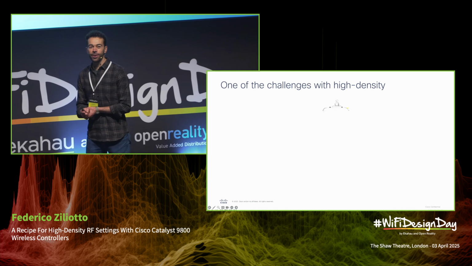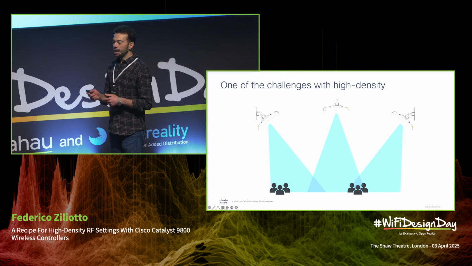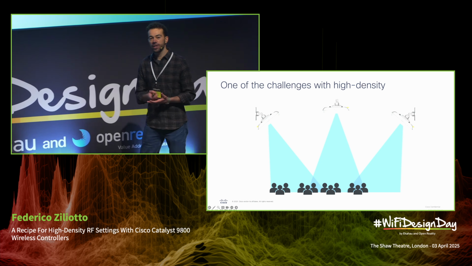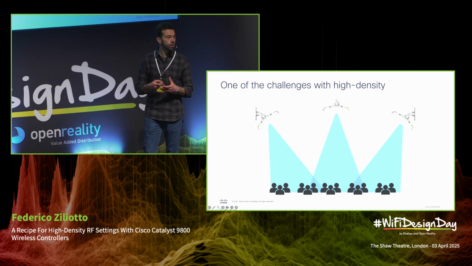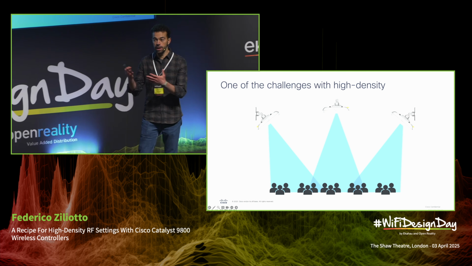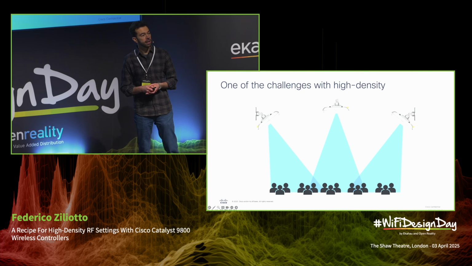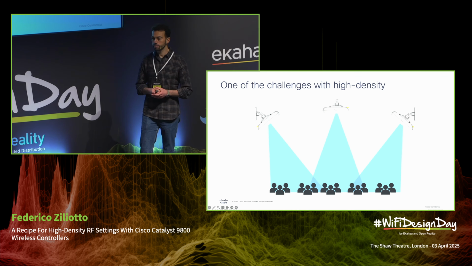So, going back to those perfect shapes there, one of the main challenges we often face with high-density deployment, but not necessarily just with high density, we could apply that also to other kinds of environments, such as warehouses, is that ideally we would like to cover specific areas, maybe as Matt showed this morning, with smaller cells. We tend to typically go for directional antennas. That would be our ideal situation.